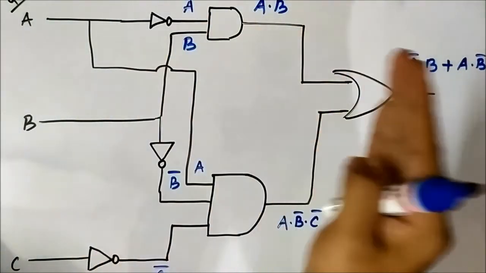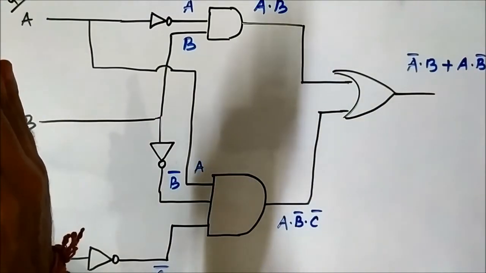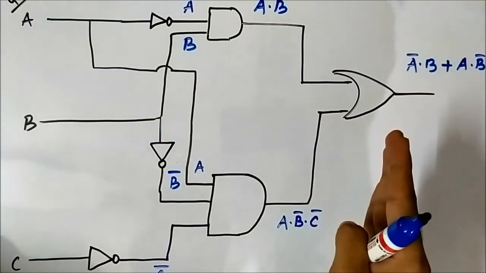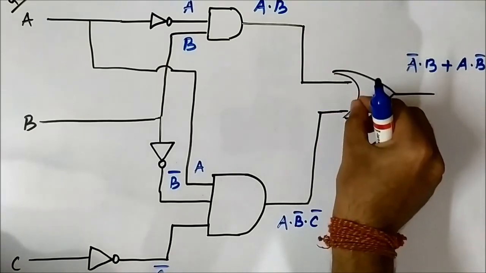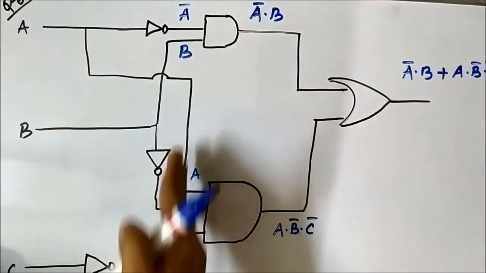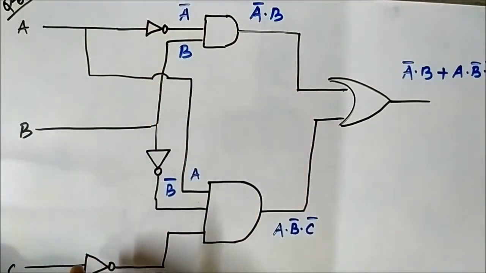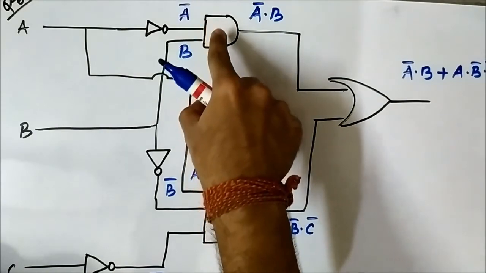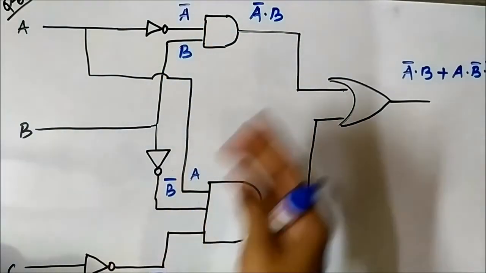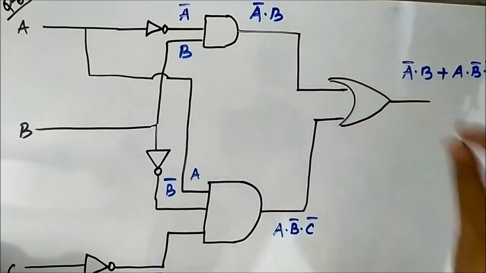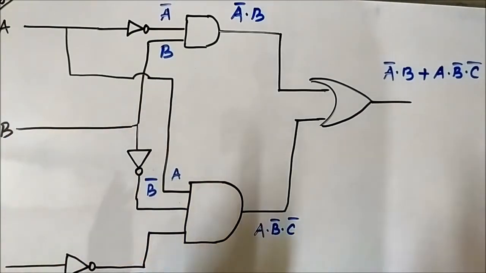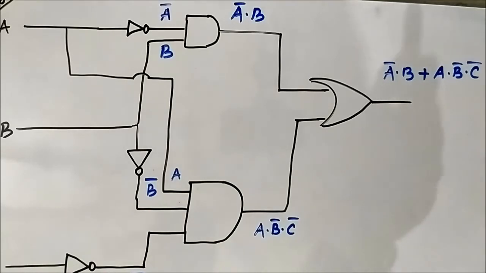Separate them, solve one layer, go on to the next level, solve that, and then reach the final level. Here, the first level was the NOT gates. Then in the second level, the 2 AND gates, one 2 input AND gate and another 3 input AND gate. Then the final level was this OR gate. So always proceed in this way, it will be a little bit easier. So this is the 6th question that we have discussed.